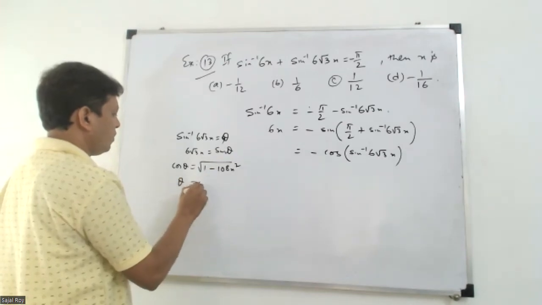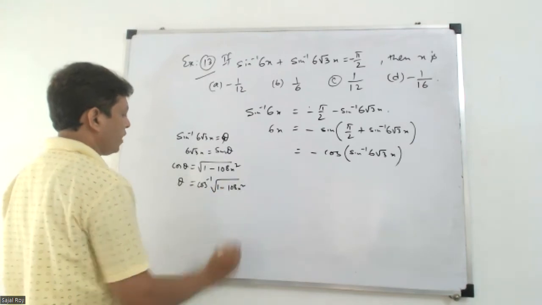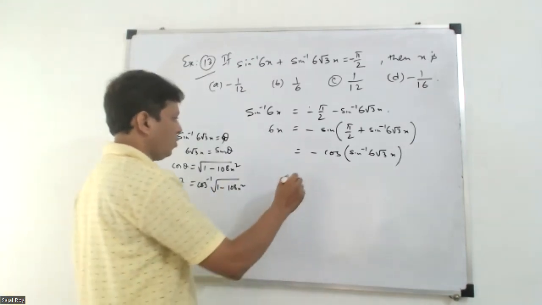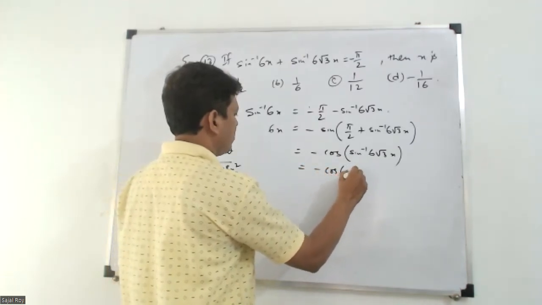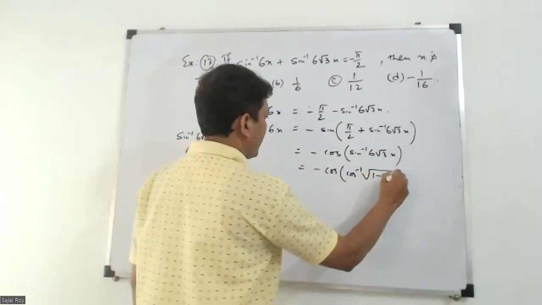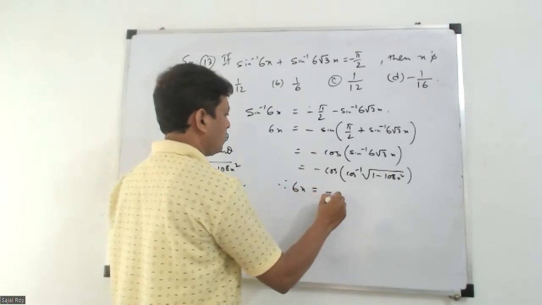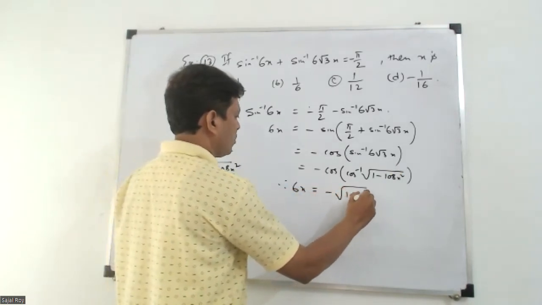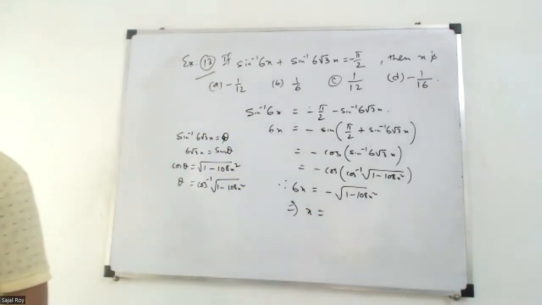So your theta will be cos inverse of root over 1 minus 108 x squared. Therefore 6x equals minus root over 1 minus 108 x squared. Please get the values of x.